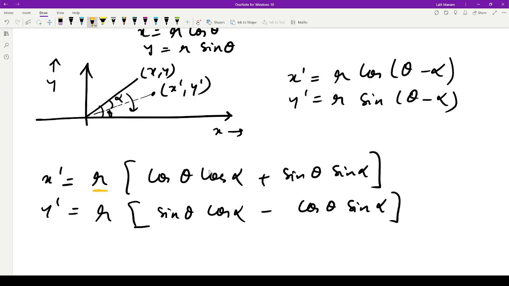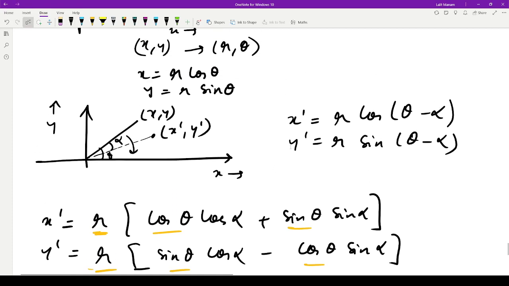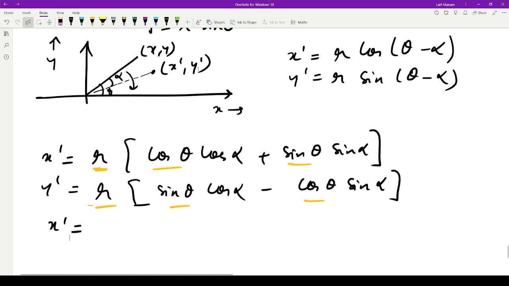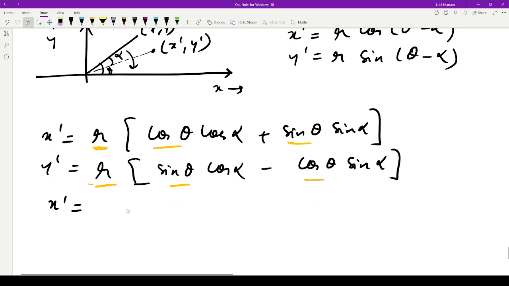I have r cos theta and r sin theta here, and r sin theta and r cos theta there. So I can write it in terms of my original x and y, where x is r cos theta and y is r sin theta. So this is x cos alpha plus y sin alpha. Y prime is x. Did I do something wrong here?